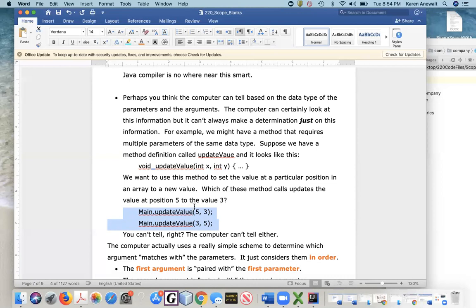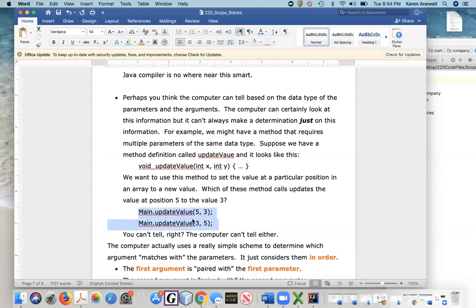Like if we wanted it to set the value at index 5 equal to the value 3, we can't tell which of these method calls does that. It could be just as likely that it's the top one as it is the bottom one. The only way we'd be able to tell is if we had documentation that gave us more details about that. And that's just a lesson to show you that the computer can't tell this either.